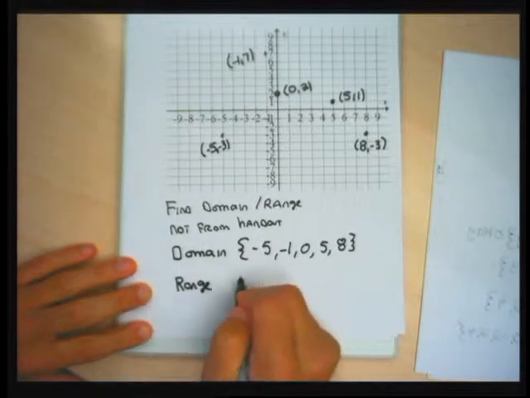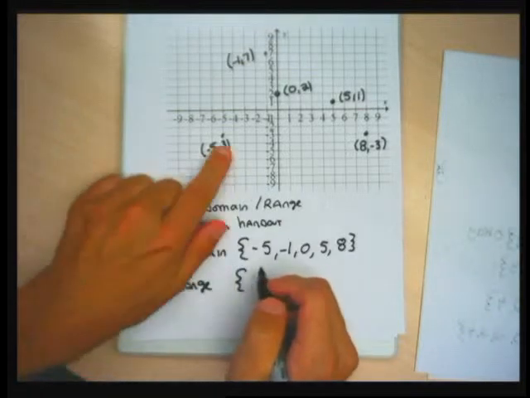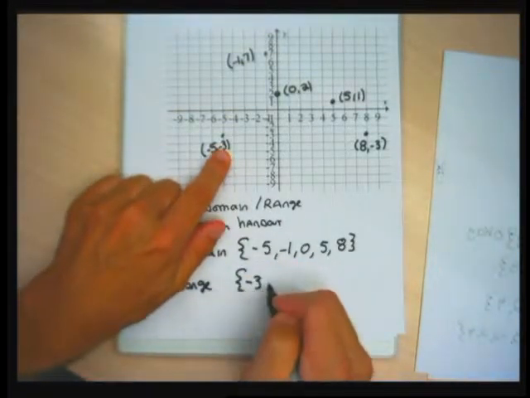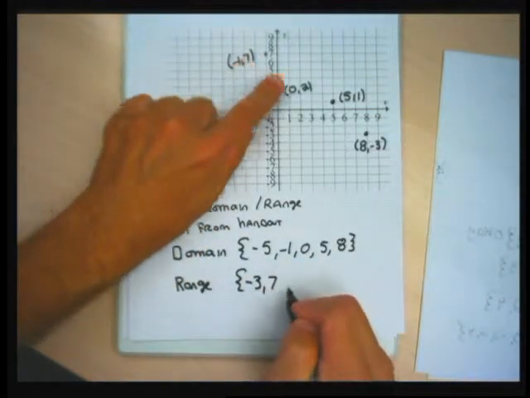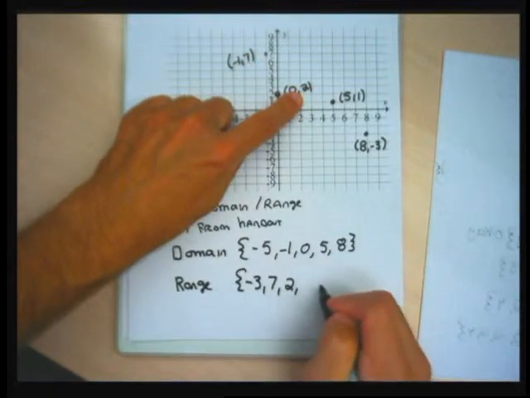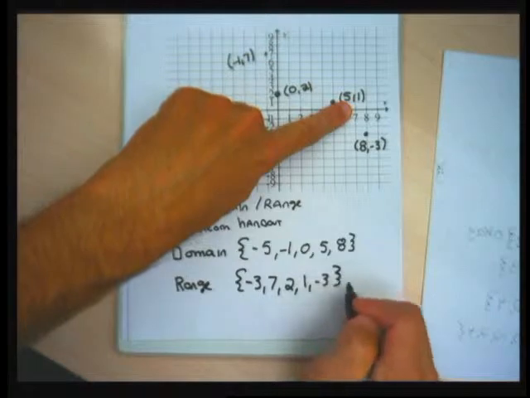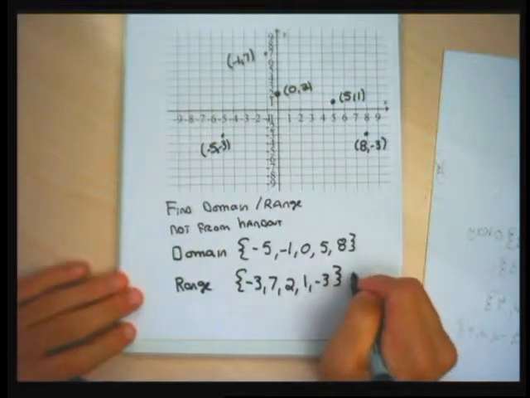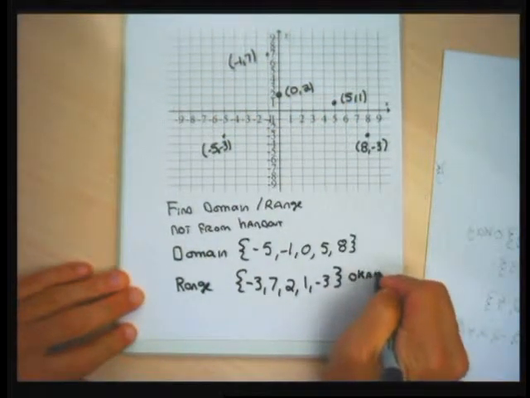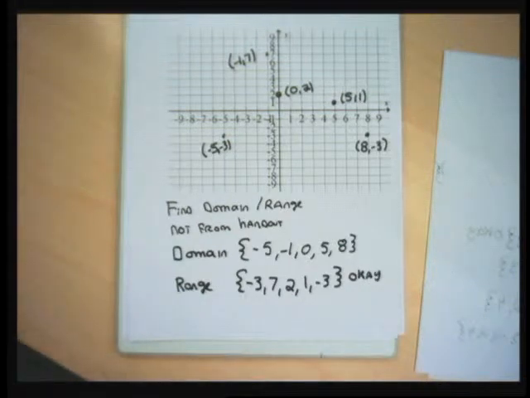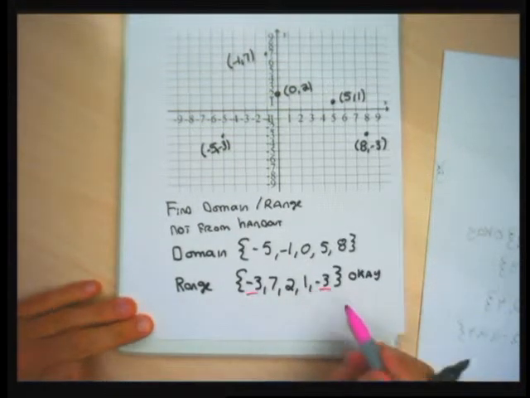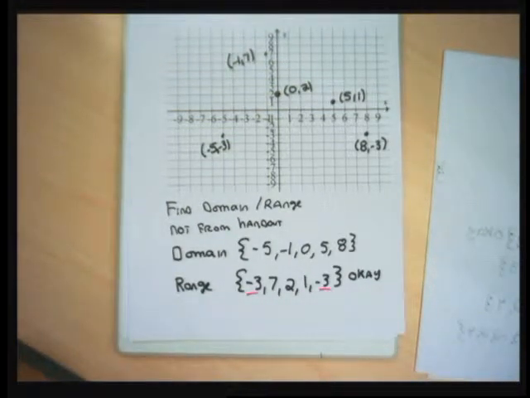For the range, I'm going to pick off the y's. Here's a -3. Here's a 7. Here's a 2. Here's a 1. And there's a -3. That's okay. What it has that makes it not great is it has the -3 written twice, which I really don't have to do, and it's not written from smallest to largest.